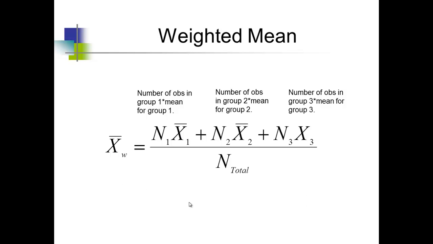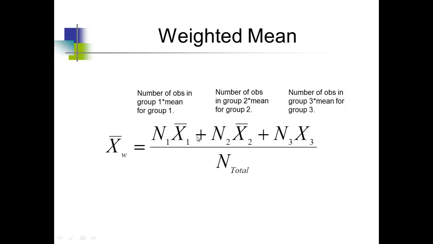So one way to deal with the bias that happens with very influential observations is to use a weighted mean. This is where you calculate the mean for each group and then multiply it by the number of observations in that group.